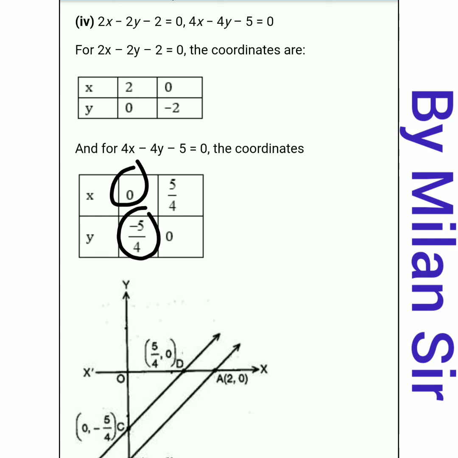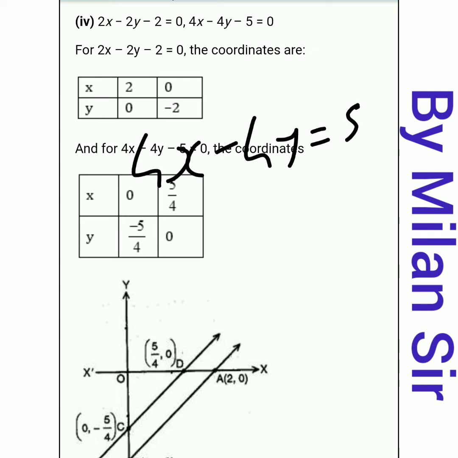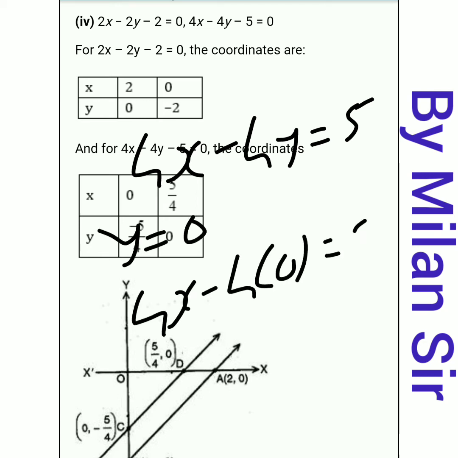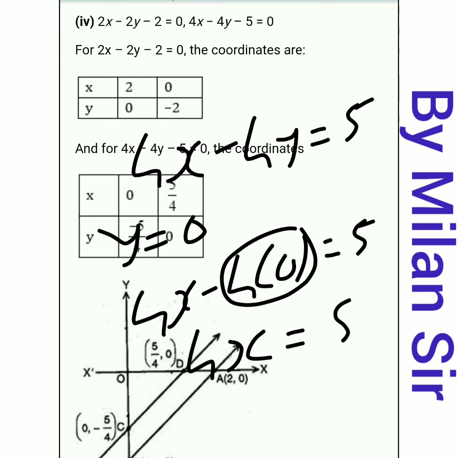Now it's time for the second point. 4x minus 4y is equal to 5. Now put y is equal to 0. So 4x minus 4 into 0 is equal to 5. 4 into 0 is 0, so we can ignore it. That means 4x is equal to 5.